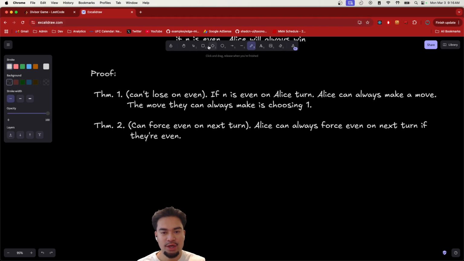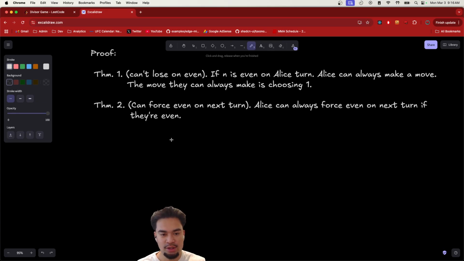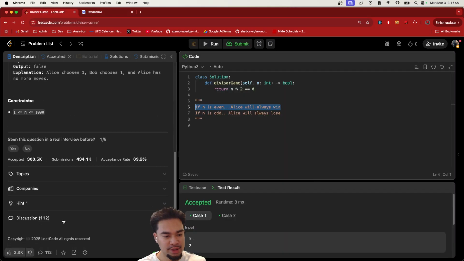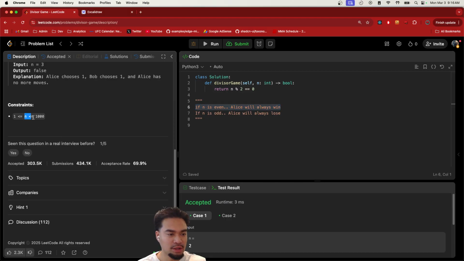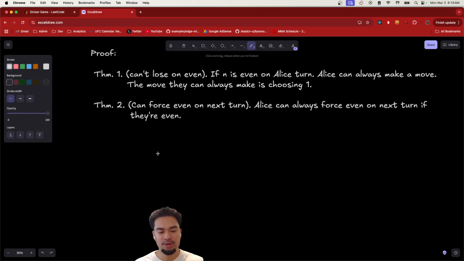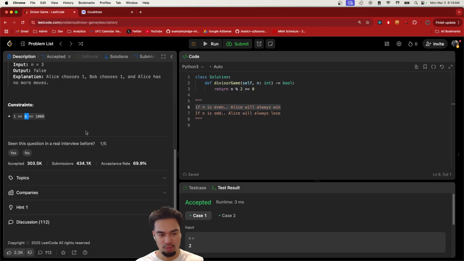So let's prove theorem 1. If n is even on Alice's turn, Alice can always make a move, and the move they can always choose is 1. So you'll see that the constraint here is all n is between 1 and 1,000. So let's go like this. What are all the even numbers between 1 and 1,000?